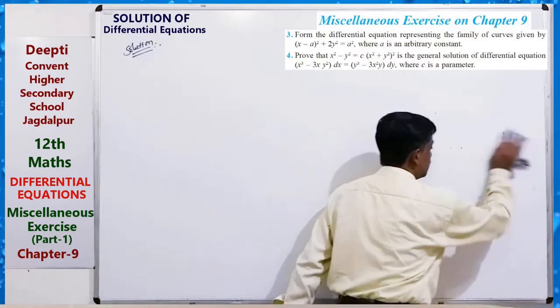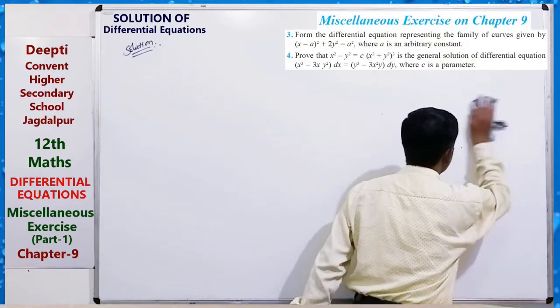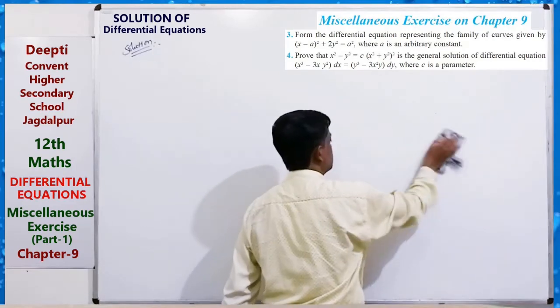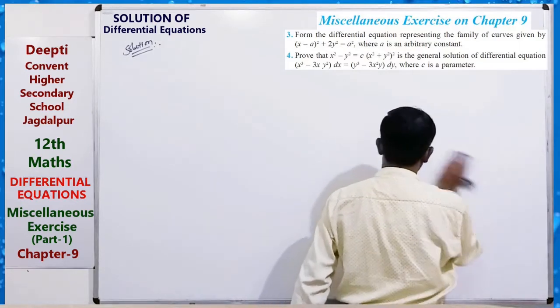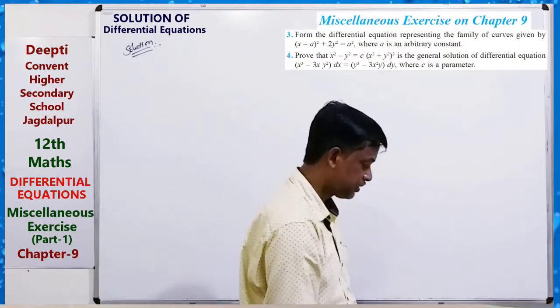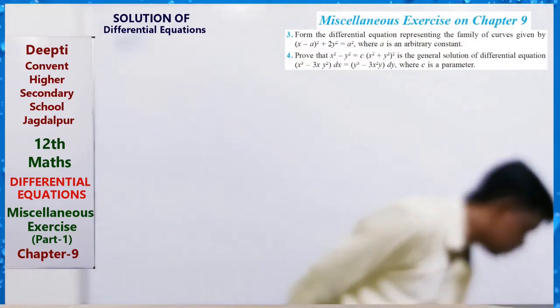Okay, so here in question third, we have to form a differential equation for the equation x minus a whole square plus 2y square equals a square.